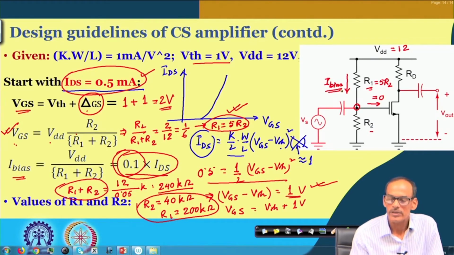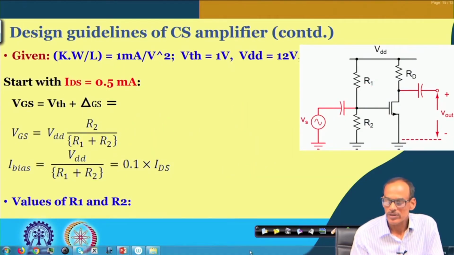On the other hand, if this current is higher, which means R1 and R2 are smaller, then the lower cutoff frequency, which comes from C1 and the input resistance, which is essentially R1 parallel R2, may get affected, namely it may go towards the mid range of the amplifier, right.